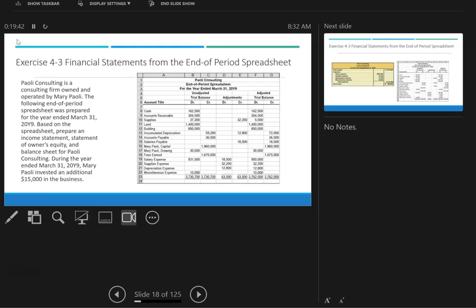This form here, we start by preparing an income statement. Do you see all of the income statement accounts are here? Our assets, our liabilities, our drawing, our equity is all up here, but our income statement accounts are down here.